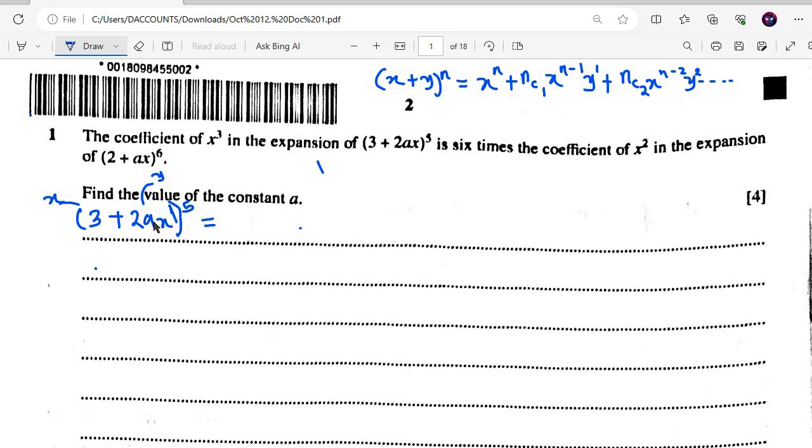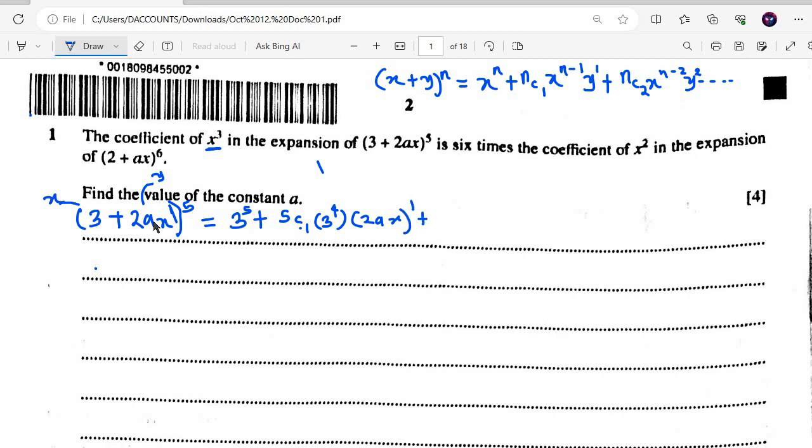What we need in this expansion is the coefficient of x cubed. So once we get to the power of x cubed, we stop. The first term is 3^5. The second term is 5C1, 3^4, (2ax)^1.